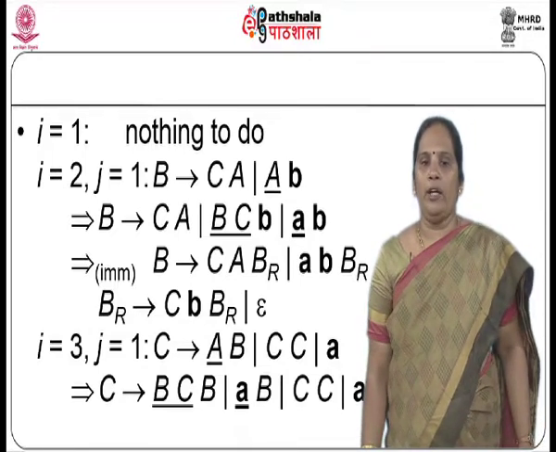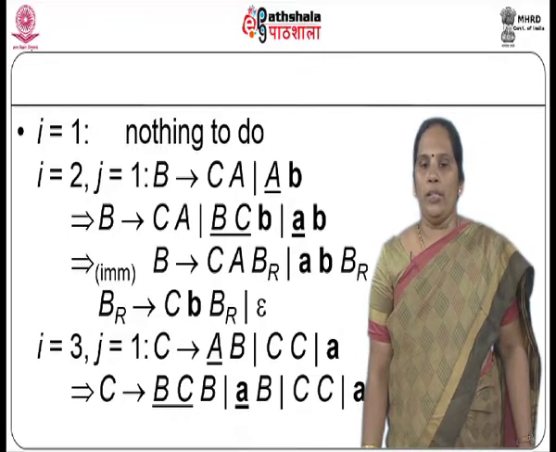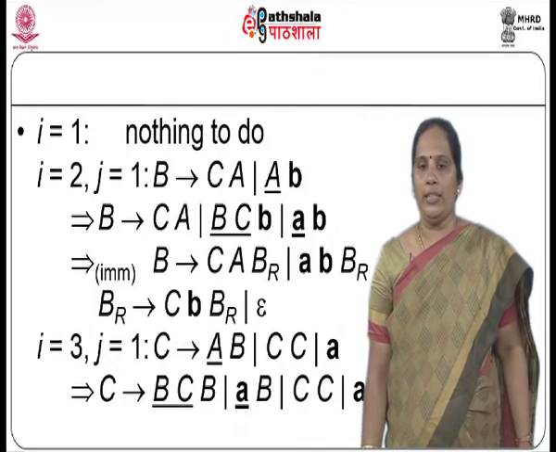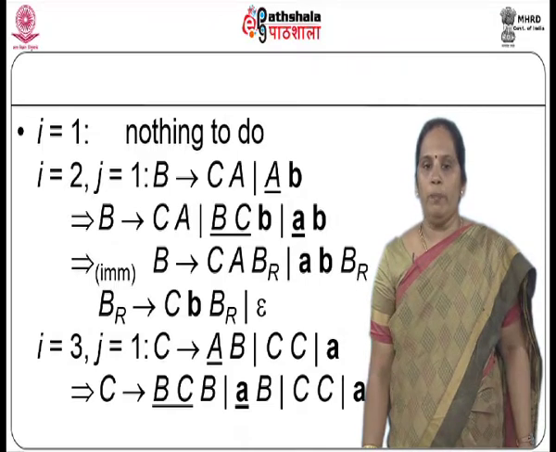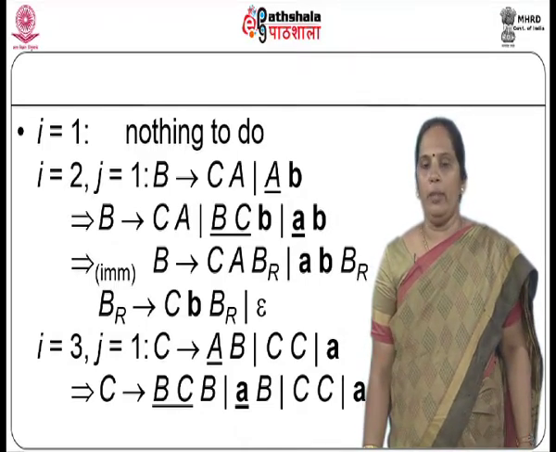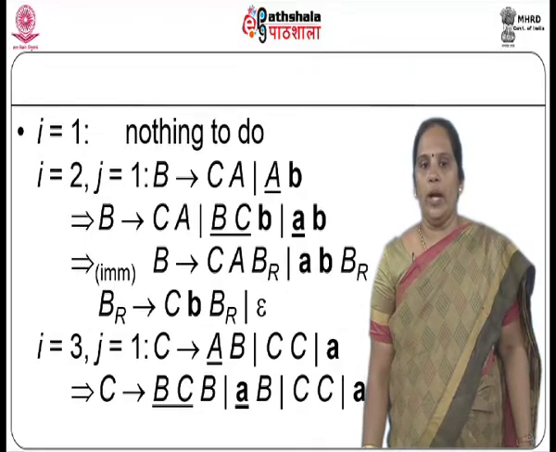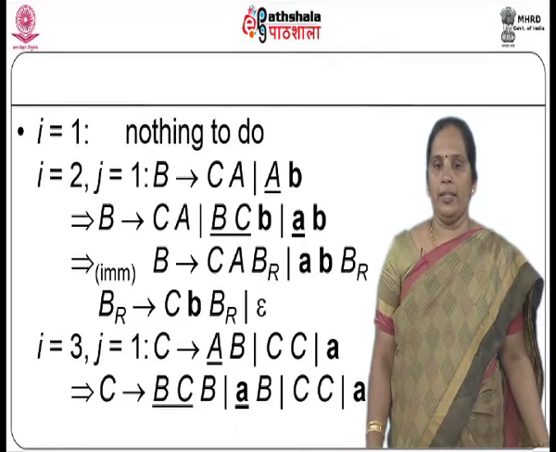I am introducing a new non-terminal B', and B' produces alpha followed by B', where alpha is CB here, alpha followed by B' or epsilon, and B produces CAB' or ABB'. So, CA and AB are the two non-left recursive productions, and this is a left recursive production. So, this is how I basically remove it.